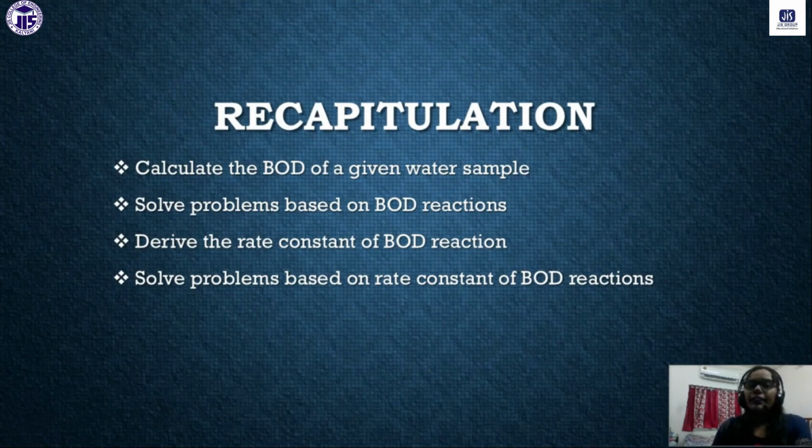This is the recapitulation of whatever we have discussed so far in this class. First of all, we have calculated the BOD of a given water sample. We have solved problems based on the BOD reaction. We have derived the rate constant of the BOD reaction, and again we have done some problems based on this rate constant. So these are all the recapitulation of today's class.